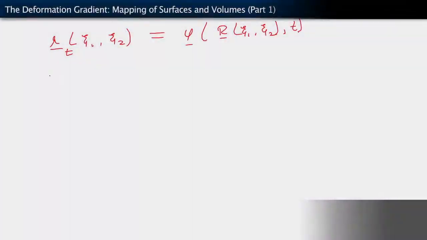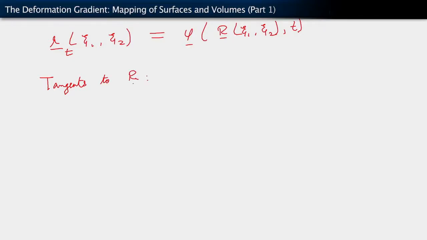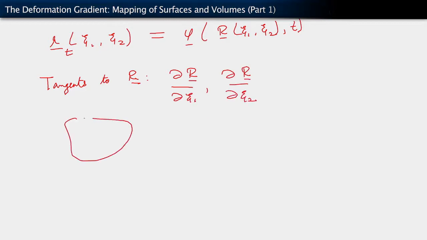Now we want to know, how do we talk about the deformation of the surface? The way we talk about the deformation of the surface is to first talk about how its tangents are deformed. Okay, so what we see here is that there are tangents to R. Those tangents are partial of R with respect to C1 and partial of R with respect to C2. So on omega naught we have our surface.